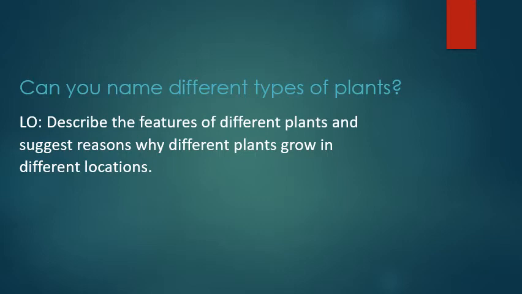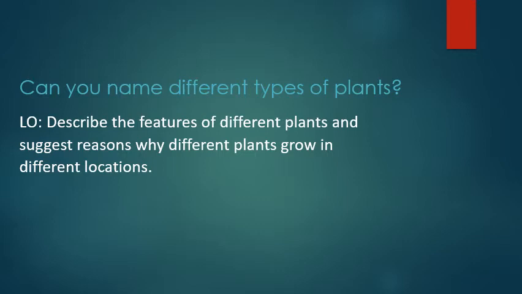Our key question for this lesson is, can you name different types of plants? Now you may already know some different names for flowers, but we're also going to have a look at trees today and some different leaves on these trees.